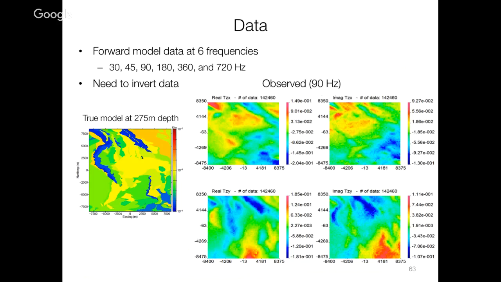Okay, what you really want to do is have this guy, and you've got these kind of images here. So you can see that there's some data that look a little bit like that, but by and large, it would be hard to do. Plus the fact that you now have like 6 different frequencies, so that's another 20 maps.